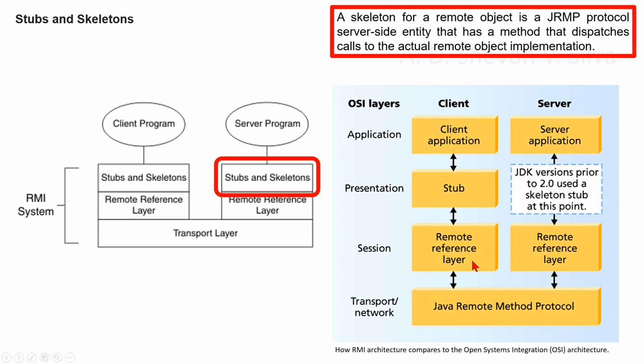Finally, the TCP/IP network protocol packets encapsulate the transport layer. The transport layer contains Java Remote Method Protocol, JRMP, also called the wire protocol. This shows RMI's architecture maps easily to the layers of the more common Open System Interconnection OSI model.